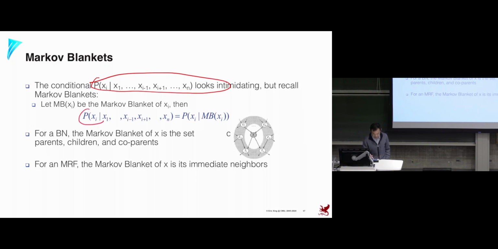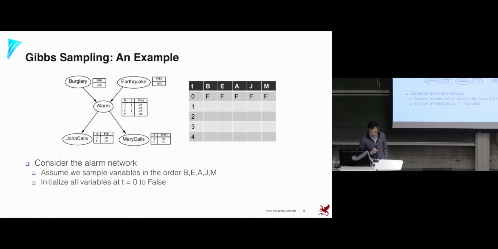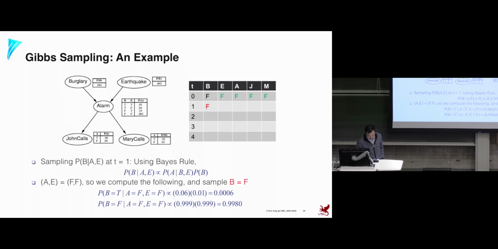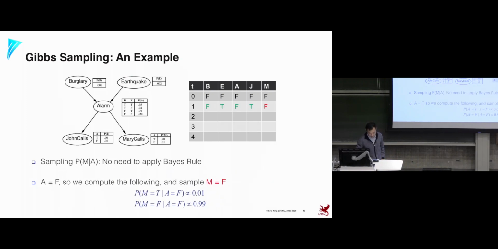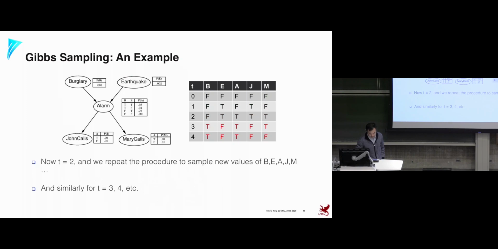Therefore, this one becomes this one. Therefore, in Gibbs sampling, typically it is very easy to draw an example using the Markov blanket idea. Okay. So that's one convenience. Gibbs sampling is very easy to sample from. And I have a few examples, but for the interest of time, let's skip that. You can walk through yourself how to practice this Markov blanket trick.